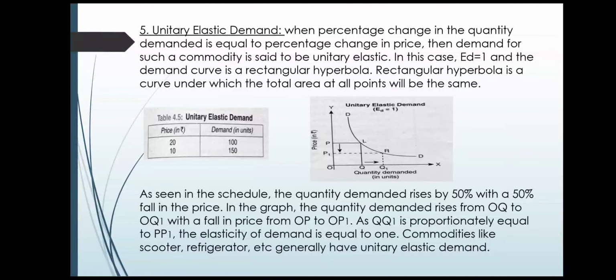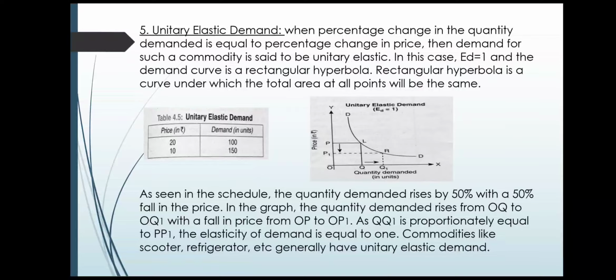A rectangular hyperbola is a curve under which any point has got the total area to be the same. For example, the area of OPLQ will be the same as OP1RQ1. It is going to be the same.